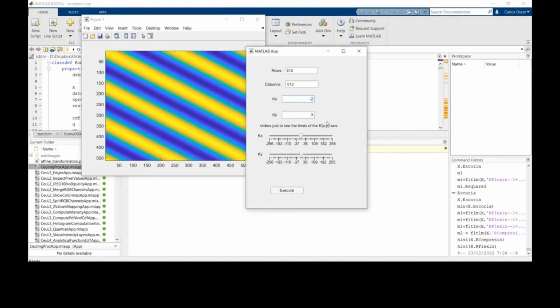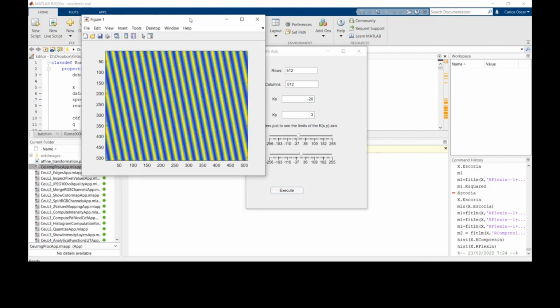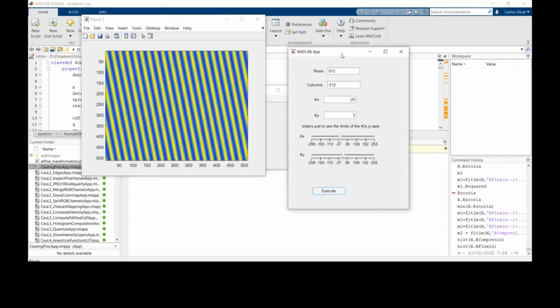And you can put, so what is the maximum number that I can put? 256. So you can be very low frequency in one direction and very high frequency or kind of middle frequency in the other direction. So when we do the Fourier transform of an image, what we are saying is that any image can be generated by adding this kind of sines.